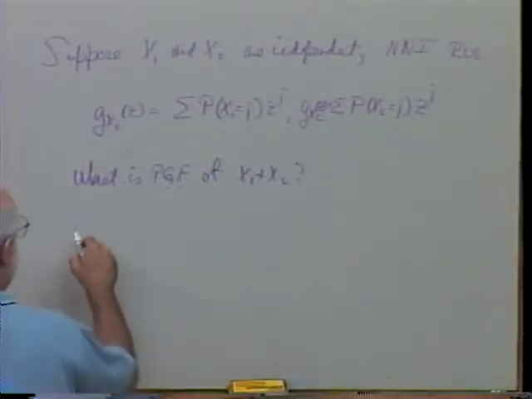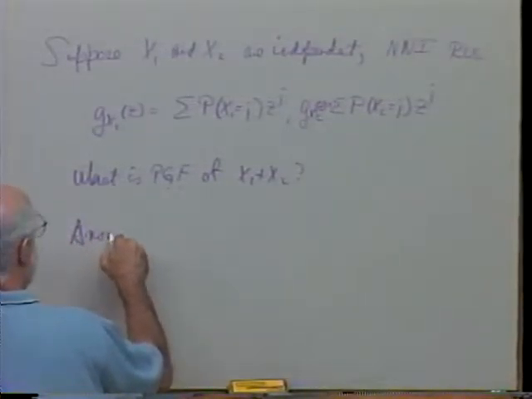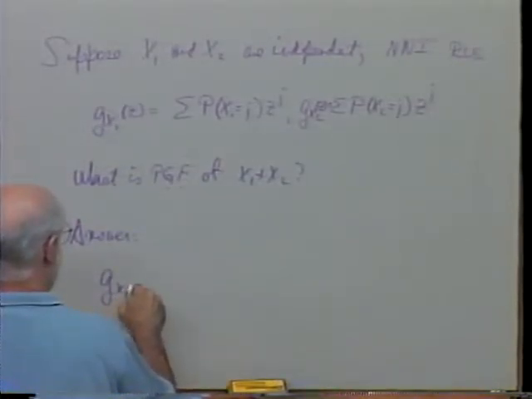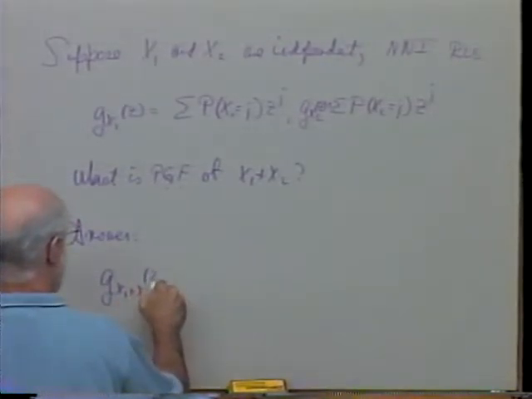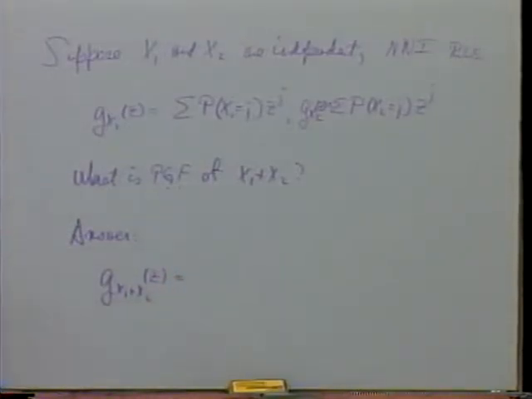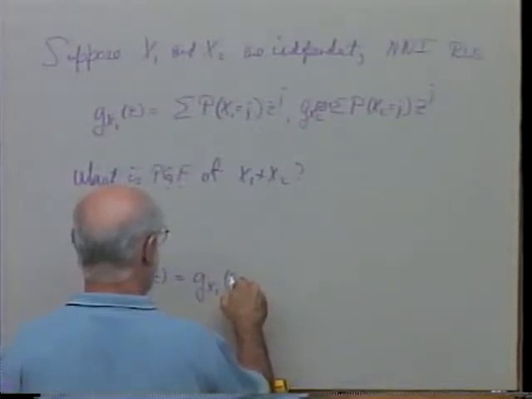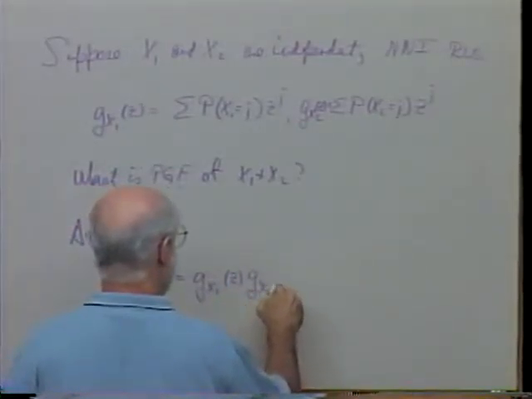And the answer is the generating function of x1 plus x2 is equal to the product of the generating function of x1 times the generating function of x2.